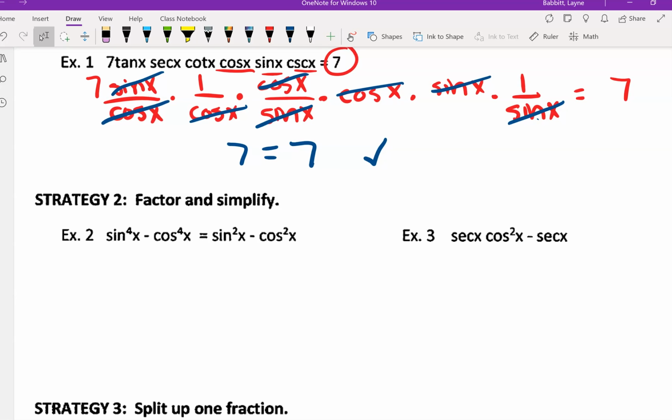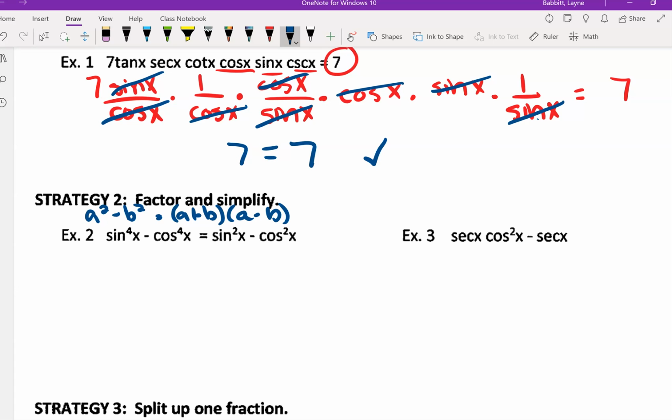So I look at number 2, and it looks like this side of the equation, that left side, is a little less simplified than the other side. So that's the side that I'm going to factor and simplify. Now remember back to algebra, this is a perfect square minus a perfect square. Difference of perfect squares is a squared minus b squared equals a plus b times a minus b.